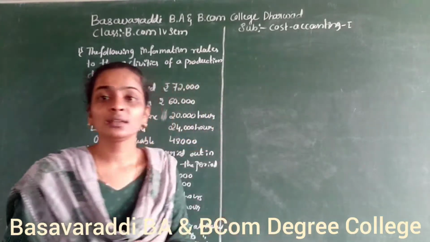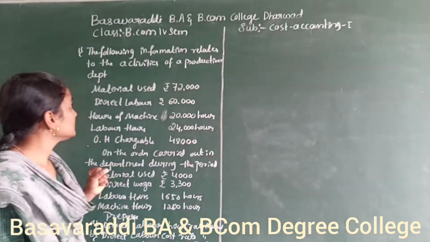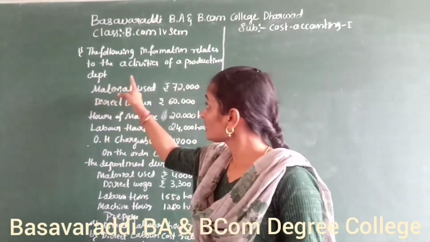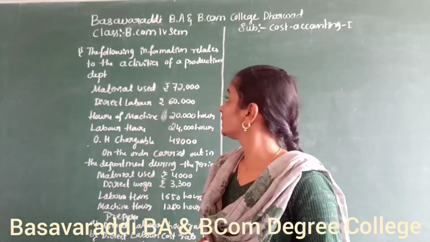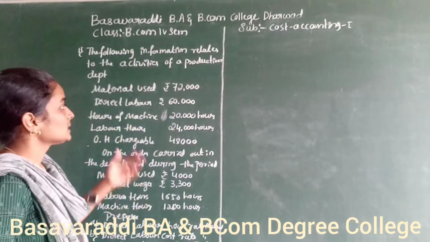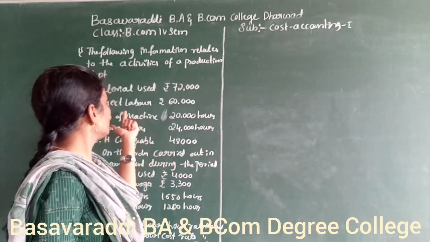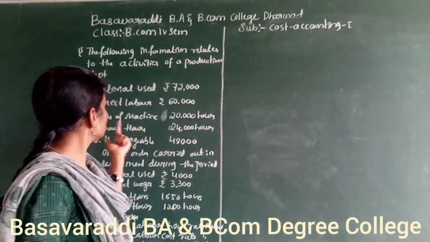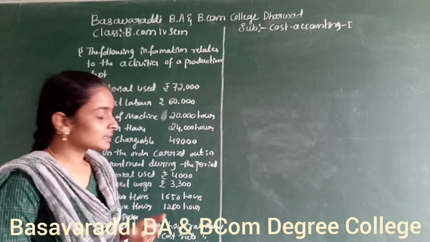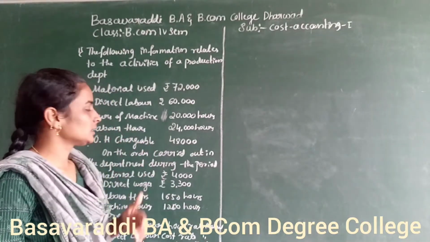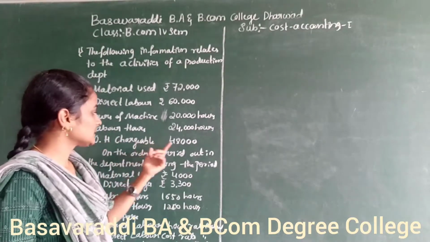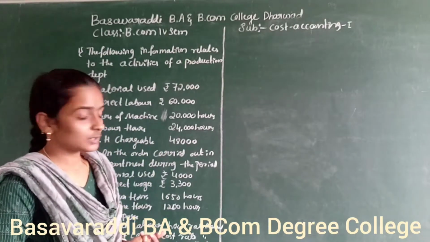Let us start the problem. Problem number 1. The following information is related to the activity of the production department. Material used 72,000, direct labor 60,000, machine hours 20,000 hours, labor hours 24,000 hours, overhead charges 48,000 rupees.